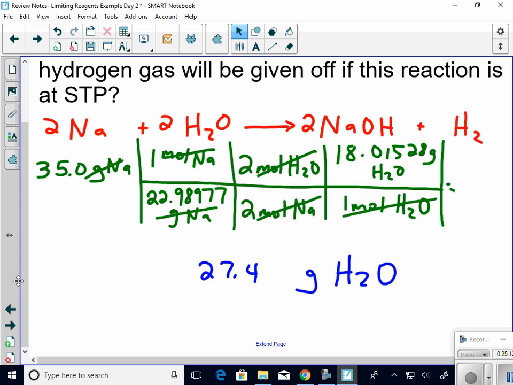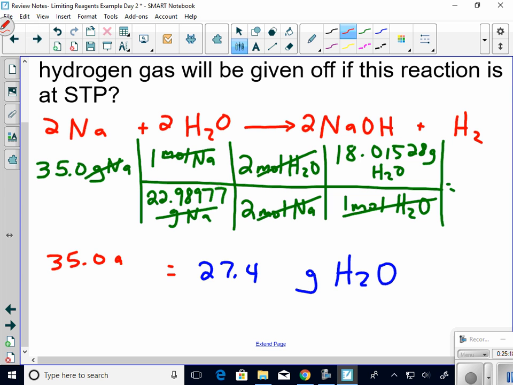So, if I have 35 grams of sodium, I need 27.4 grams of water. Do I have 27.4 grams of water? Yeah, I've got 35 grams of water, don't I? So I would have roughly 7.6 left over of water.